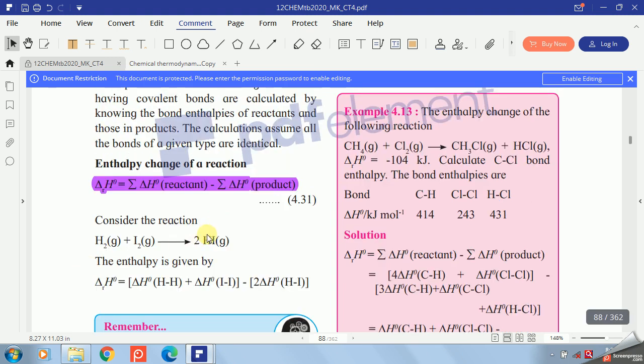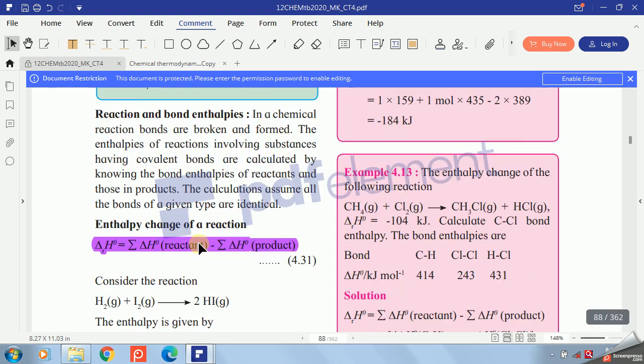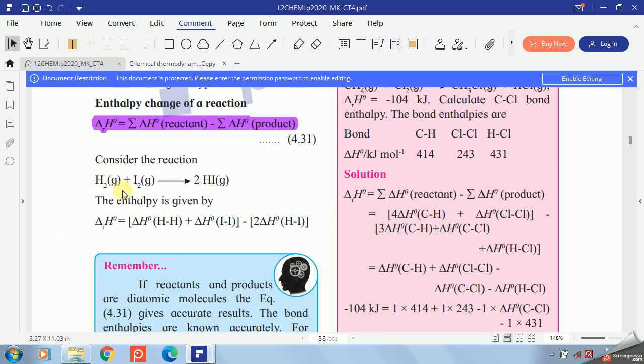Here we consider the covalent bondings. Consider the reaction H2 gas plus I2 gas gives 2HI gas. So what is the reactant? H2 and I2. Here you have to find which bond is present in each species. H2 contains an H-H bond, I2 contains an I-I bond, and HI contains an H-I bond.